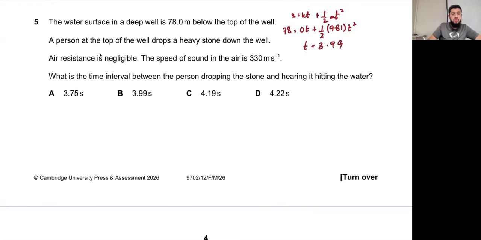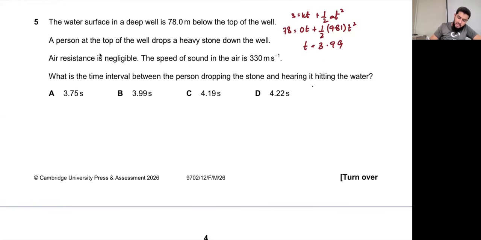Yes, the values are also exactly similar. Options भी सारे same. अब majority students इस point पे क्या करते हैं? They'll take 3.99 as the answer because that is the time it takes. But that is the time it takes for the stone to fall to the bottom. You still have to take into account the time it takes for sound to travel up, because the question says time interval between the person dropping and hearing.